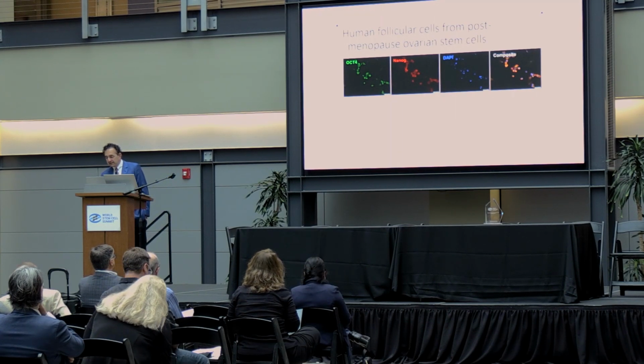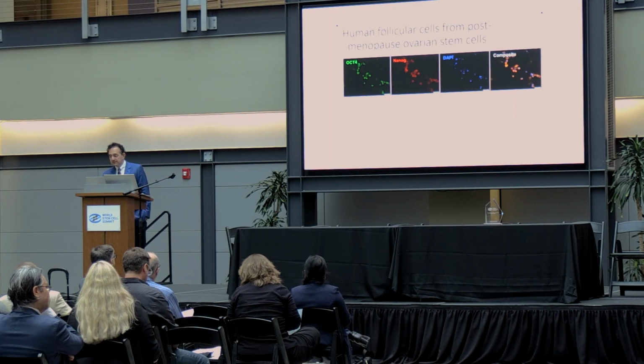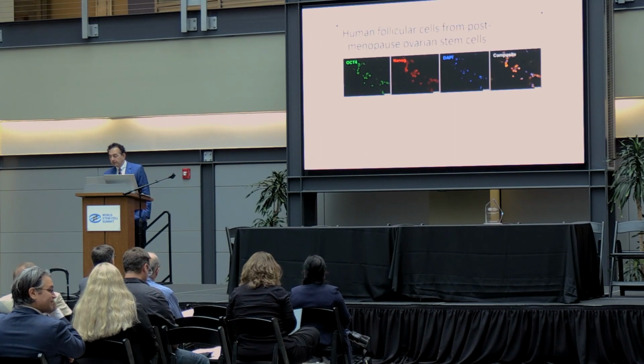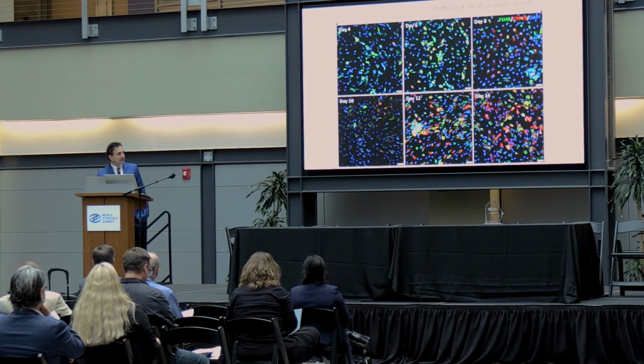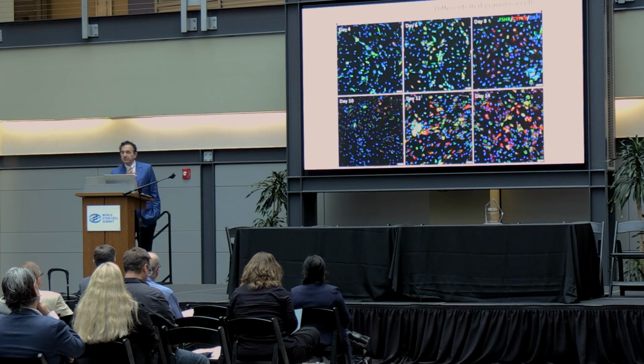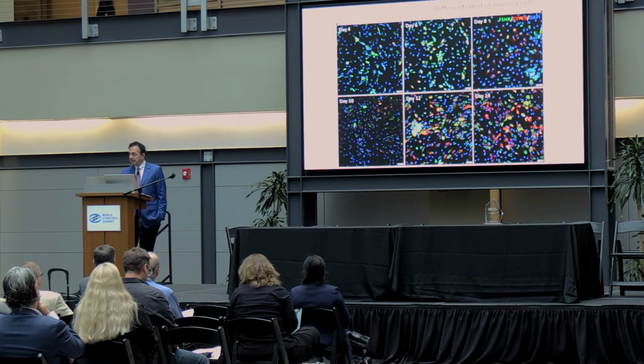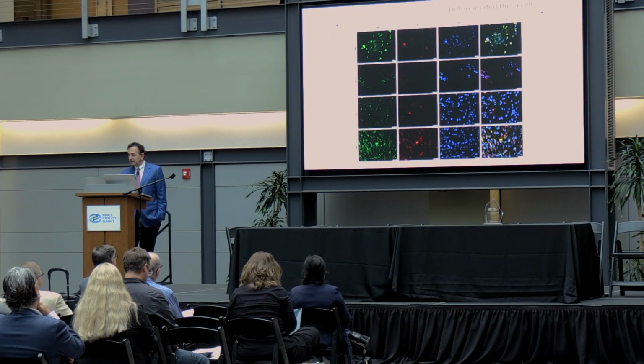Once we isolated the stem cell from the ovary using specific markers for pluripotency, we were able to differentiate these cells into granulosa cells, as you see here, which are the supporting cells of the ovary, and also into theca cells, the other supporting cells.